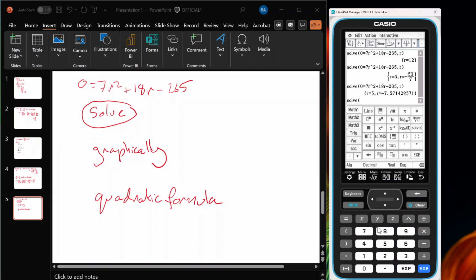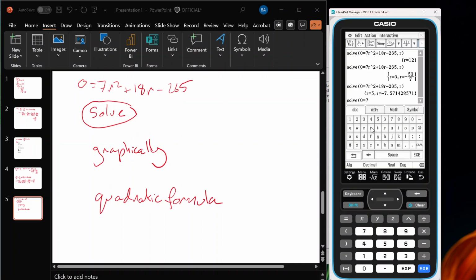So I'm going to go 0 equals 7r squared plus 18r minus 265, and then I want to solve for r, so I'm going to put comma r afterwards.